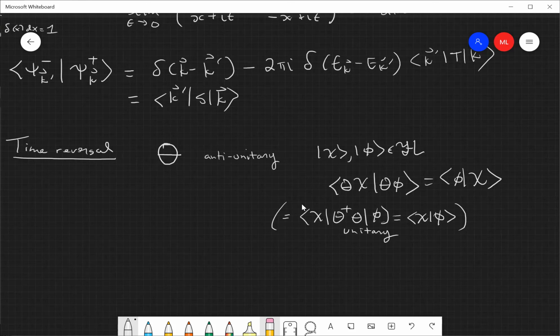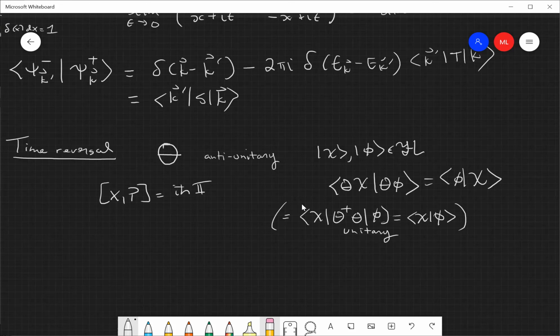If you want to get into details, the reason for it is, remember that we have our canonical commutation relation between position and momentum. Think in your head about what time reversal does. If you have a particle moving around, and you take the movie of the particle and play it backwards, what happens?